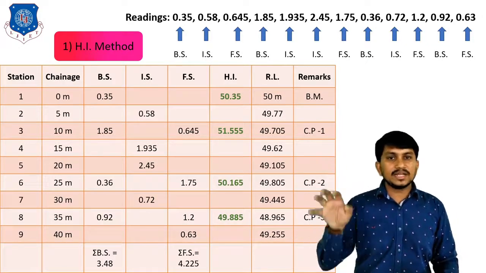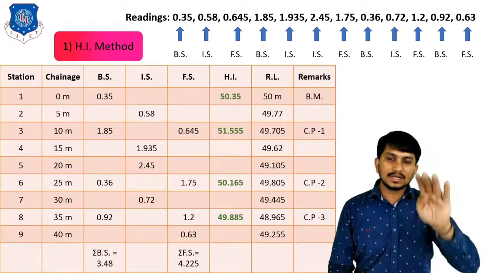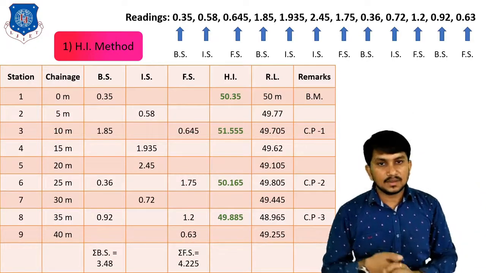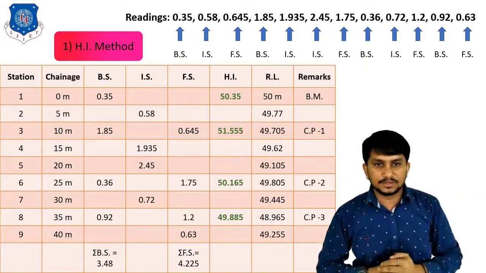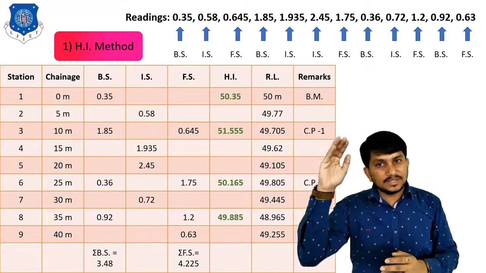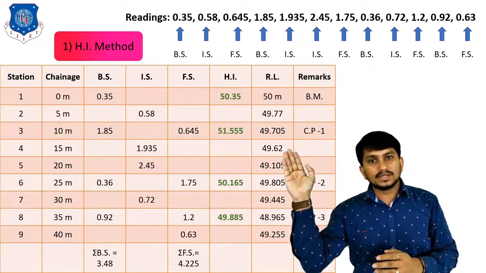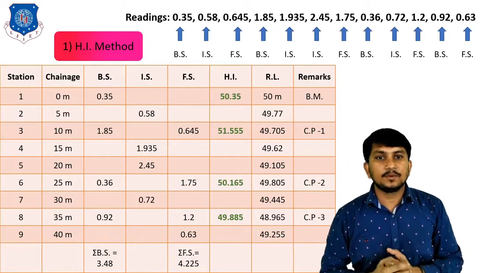After filling these three columns, BS, IS and FS, we can calculate the RL of all points like this. First, the RL of the first station is given in the example as 50 meter. Then we can calculate HI: 50 plus 0.35, RL of benchmark plus BS, which is 50.35.